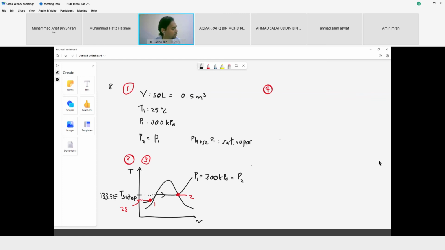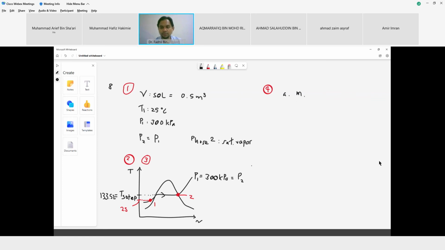Now let's answer the question. Question A, find the mass of the water. How to find mass? As I said, for step number 4, by using equations, solve the problem. We have to recall and apply all the equations that we have learned.